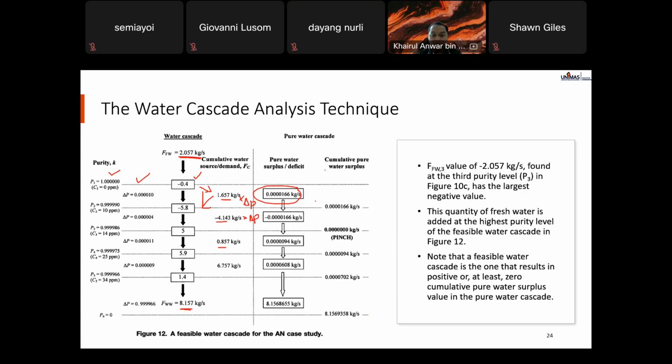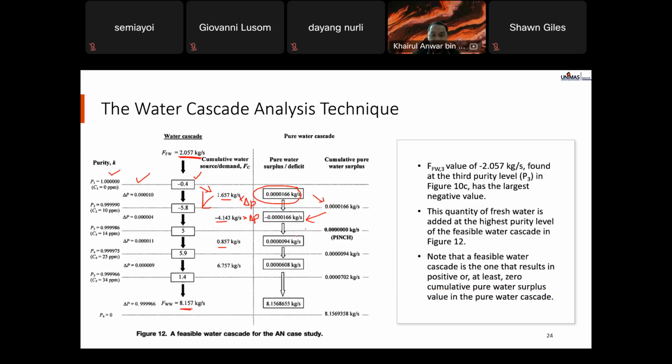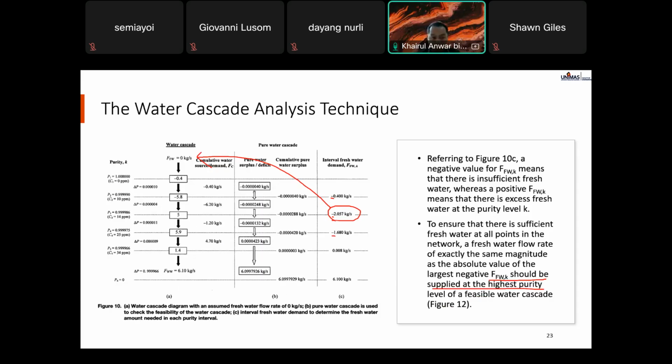Next is to do the cascading for the cumulative pure water surplus. Plus 0.0016, 8, with the pinch. It will be at P3. Is it P3?